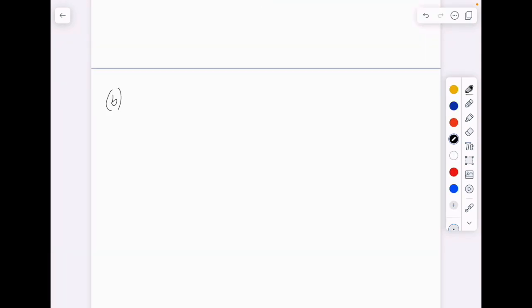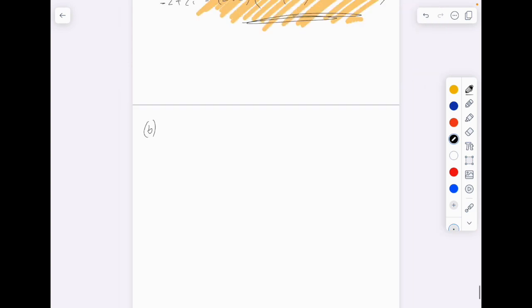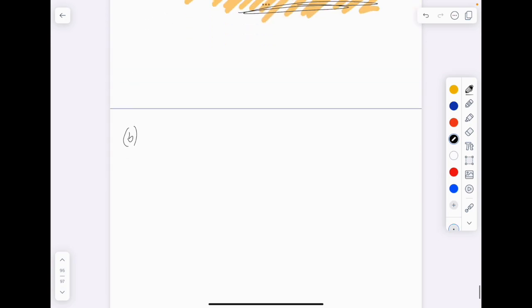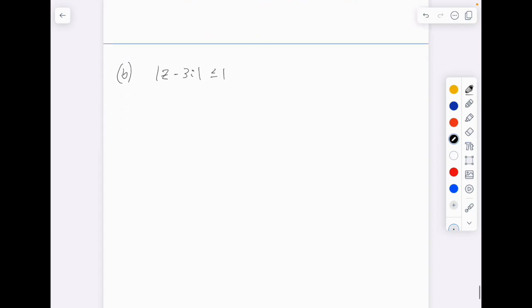Well, the first thing we need to remember is, if we look here, the magnitude of z minus 3i is the same thing as saying z minus (0 plus 3i).